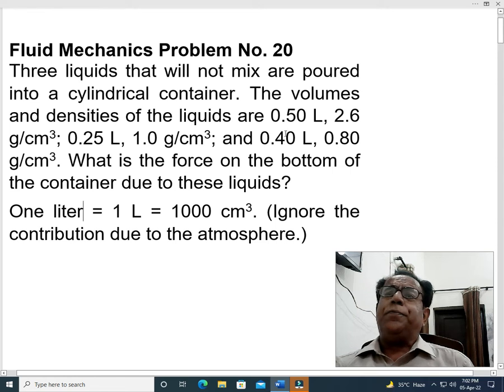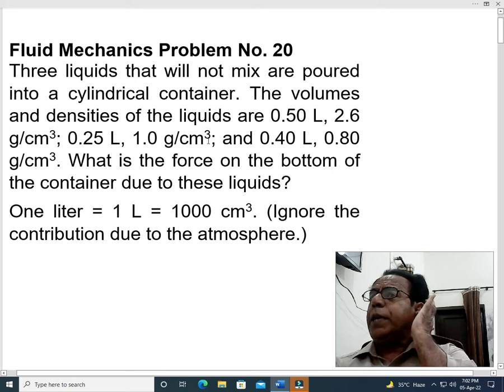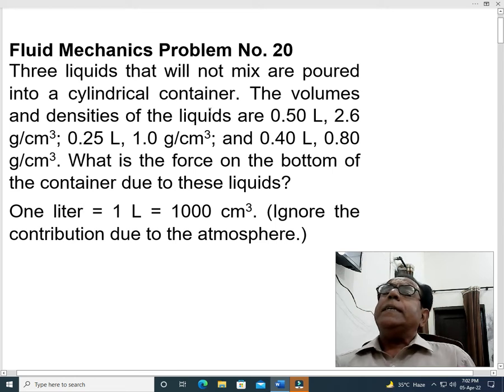For example, in this statement acceleration due to gravity, that is 9.8 meter per second square, is not given anywhere, but it is a physical constant and it is given in table of physical constants. So even if this data is not provided in the statement, it is assumed that we know that data.